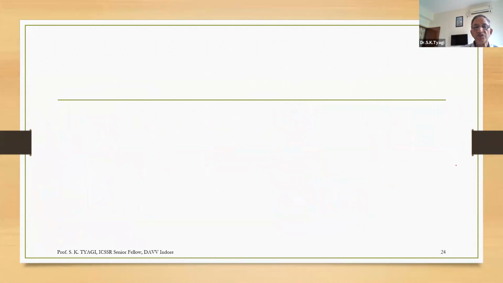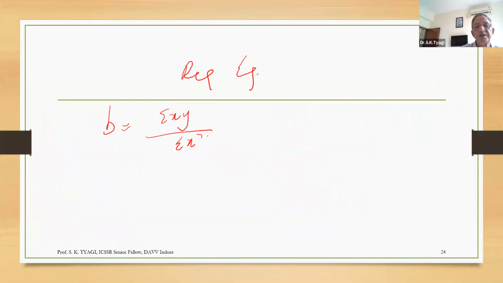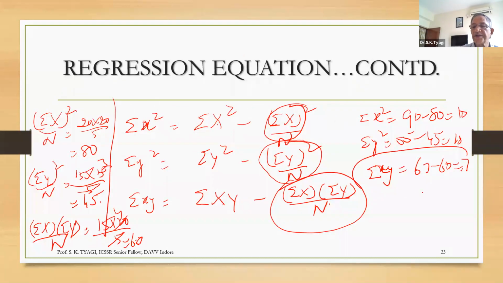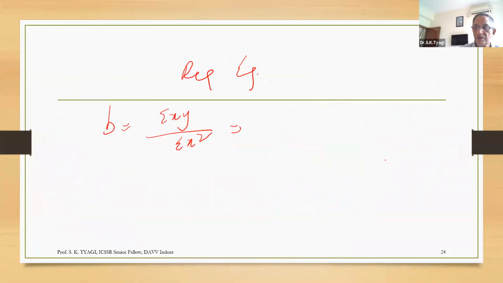Now we can set up the regression equation. For the regression equation, B is sigma xy upon sigma x square. Sigma xy is 7, and sigma x square is 10. So B is 0.7. Okay, now find out A. A is mean of y minus b into mean of x. Mean of y is 3.